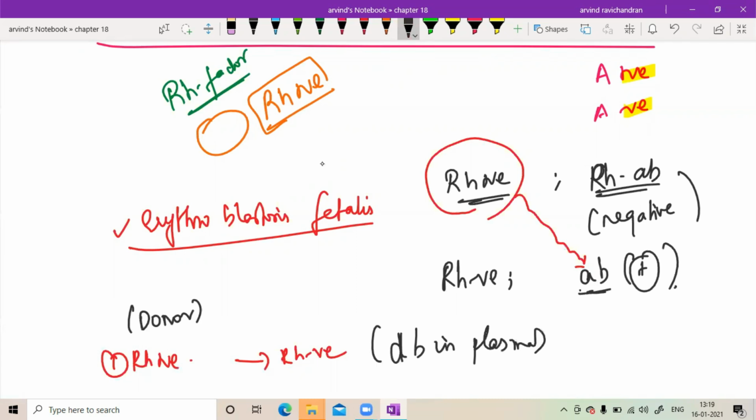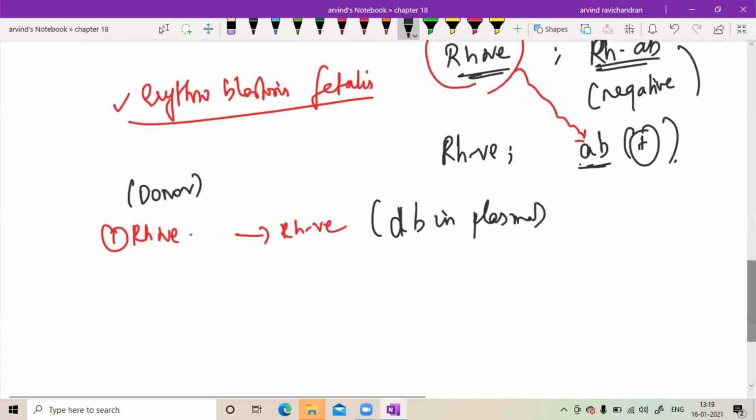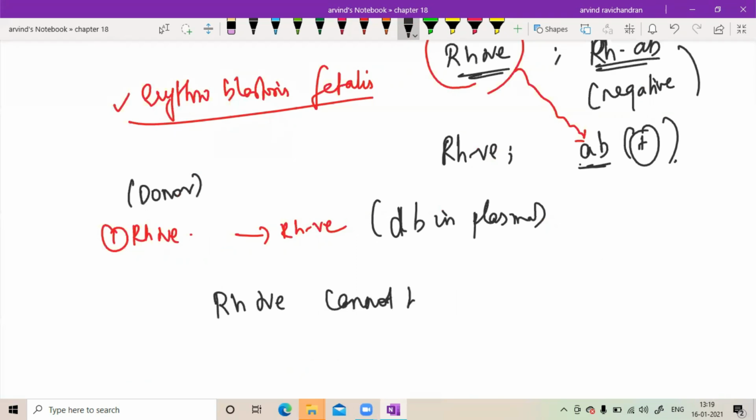This Rh factor will react with the antibodies in the recipient's blood to lead to some serious complications. So Rh positive blood cannot be transfused to Rh negative persons, because the Rh antigen can induce an immune response in the recipient's body because of the presence of antibodies. But the vice versa is possible. I can administer Rh negative blood to an Rh positive person, but the first is not possible.